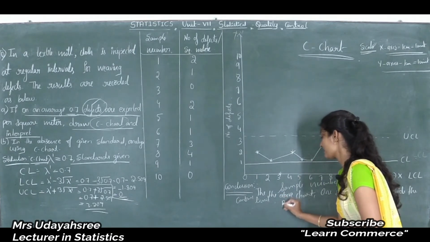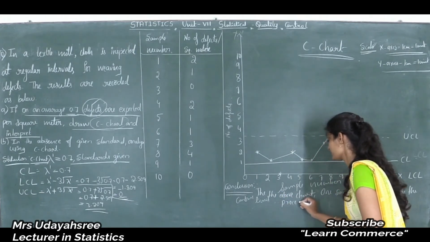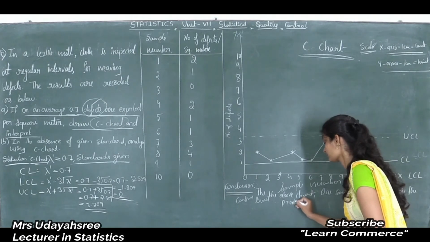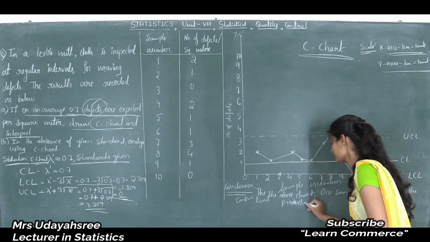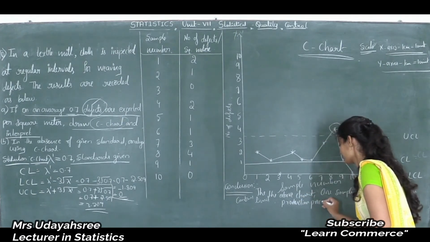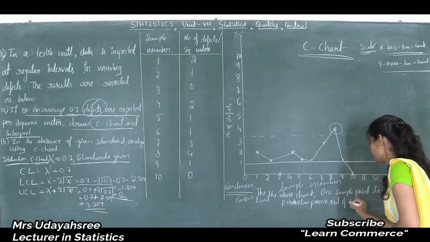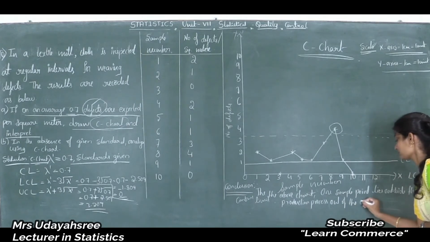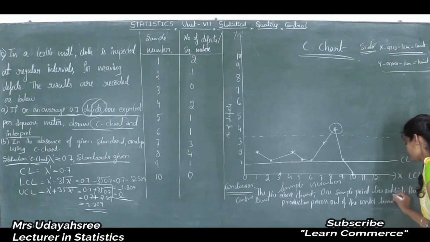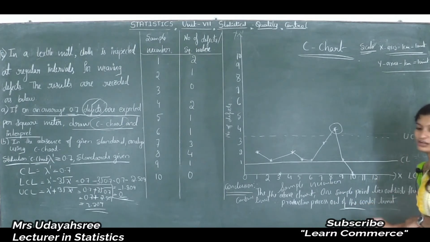Therefore, the production process is out of the control limit. Okay, this is all about the first sub question.